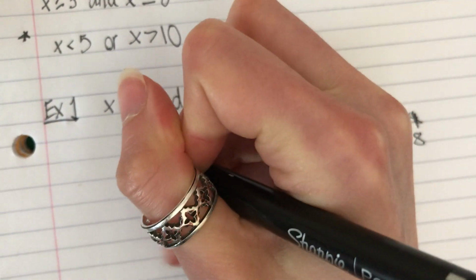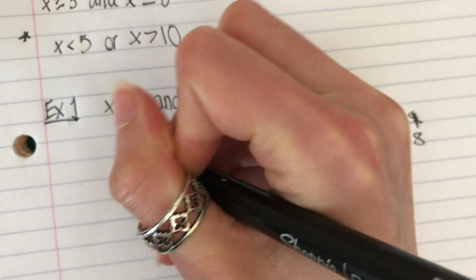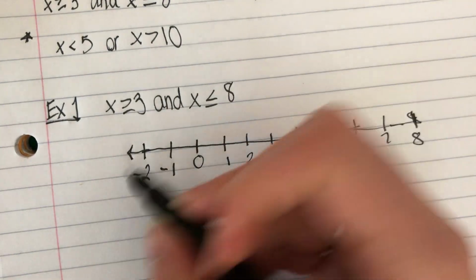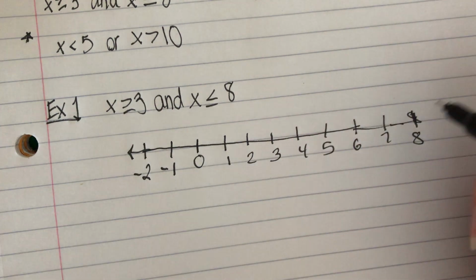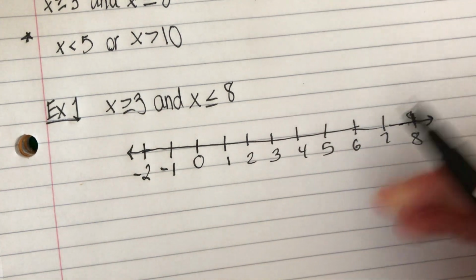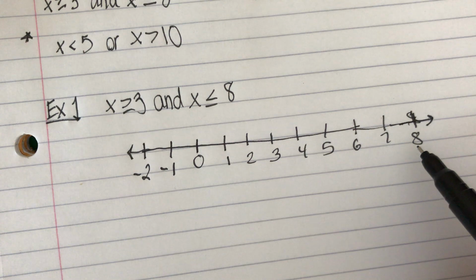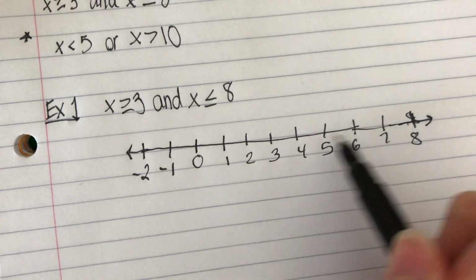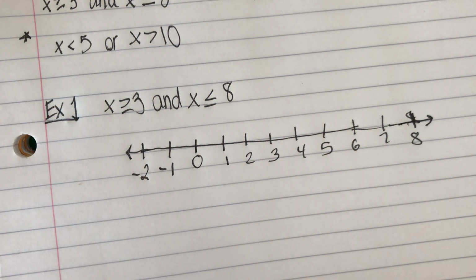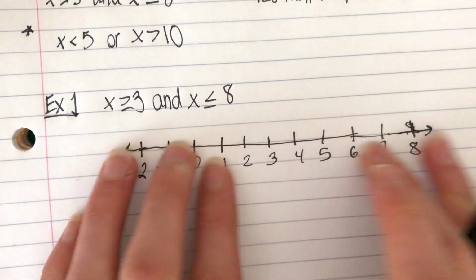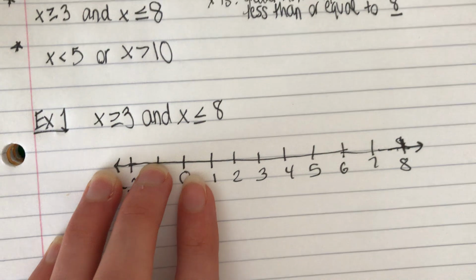And if I were to have negatives, they would go this way. So usually it's good practice when you're drawing a number line to draw some positives and some negatives, of course with a 0 in between them, and go ahead and draw lines on either side, which show us that obviously after 8, numbers keep going, and they keep going in the negative direction over here. That's why we have arrows. Again, this is just our generic number line, which is what we're going to be using today in each problem.